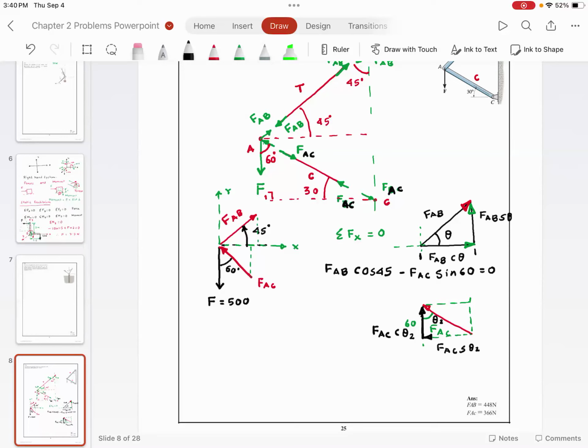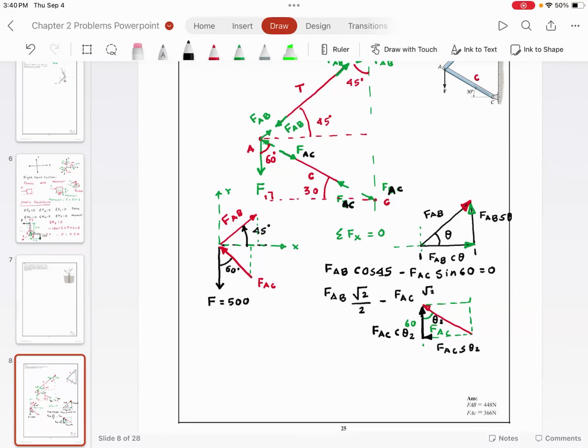Calculators, tell me what is cosine 45? Root 2 over 2, which is 1 divided by root 2. Minus, what is sine 60?